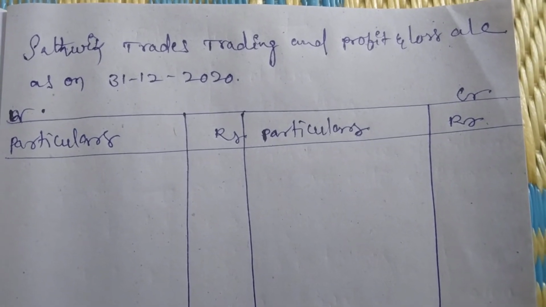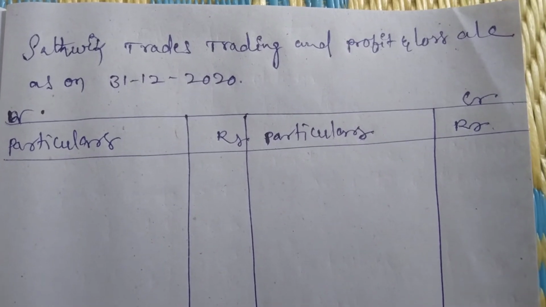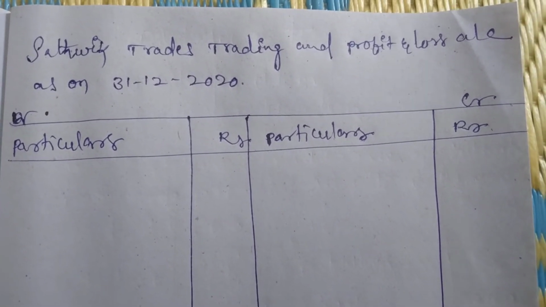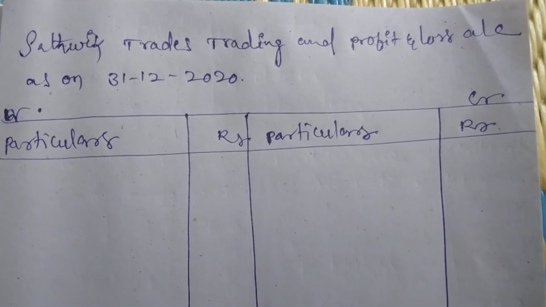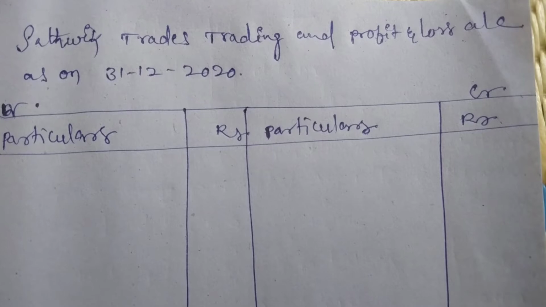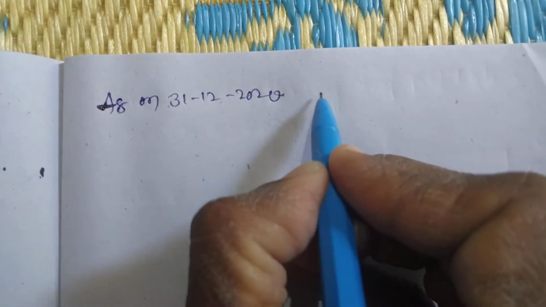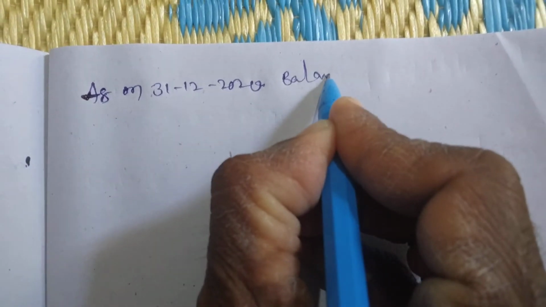In this solution we are giving a full explanation, and the balance sheet is also given at the same time to avoid mistakes. Balance sheet of Sattvic Traders as on 31st December 2020.